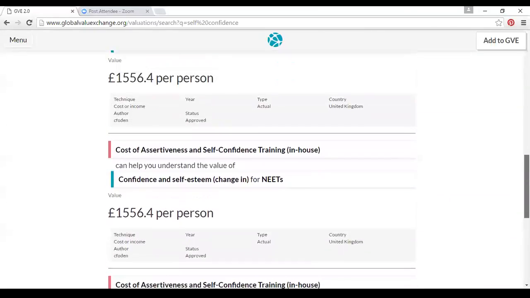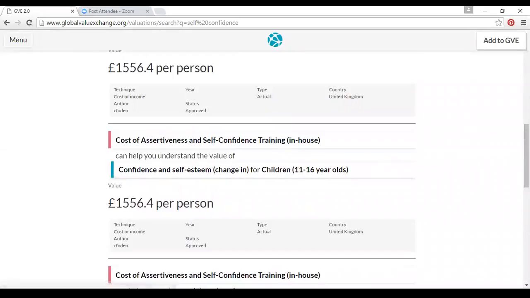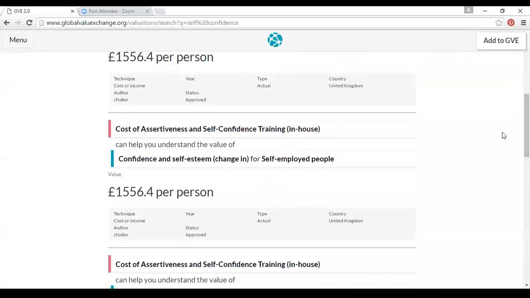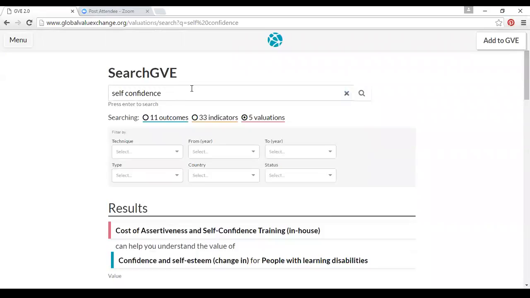So they're looking to value this confidence for NEETs, children that are 11 to 16, self-employed people, and people with learning disabilities, and they've used this financial value of the cost of a self-confidence training course. So that's potentially something you could use, but obviously you can search in here and see what values come up for whatever it is that you've got as a particular outcome, and see if there's anything that seems relevant.